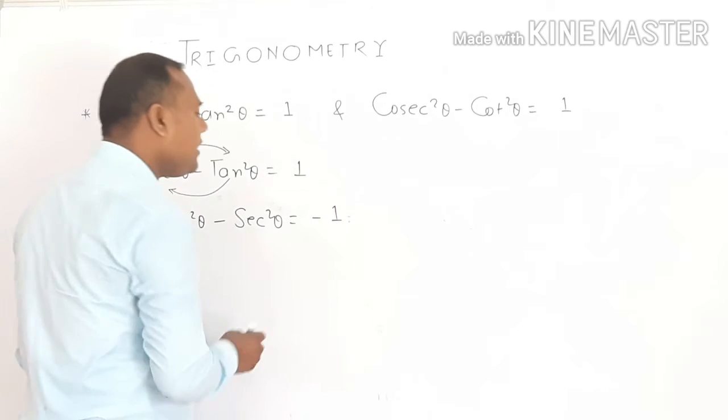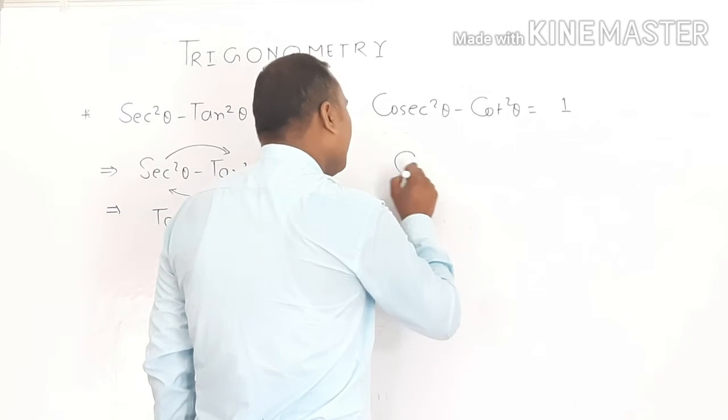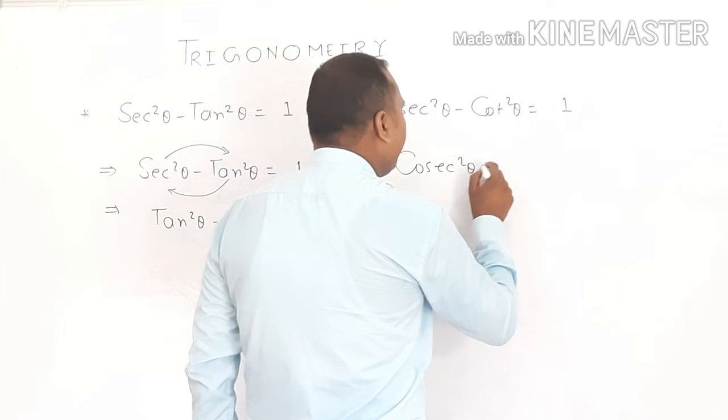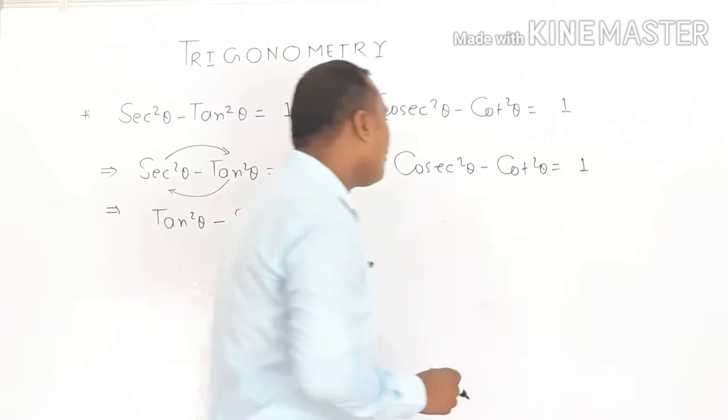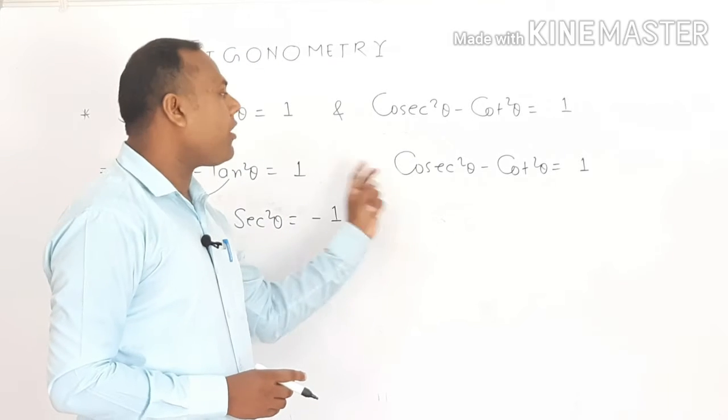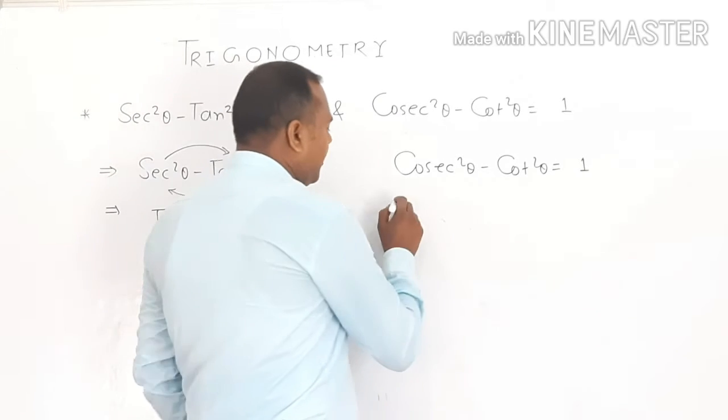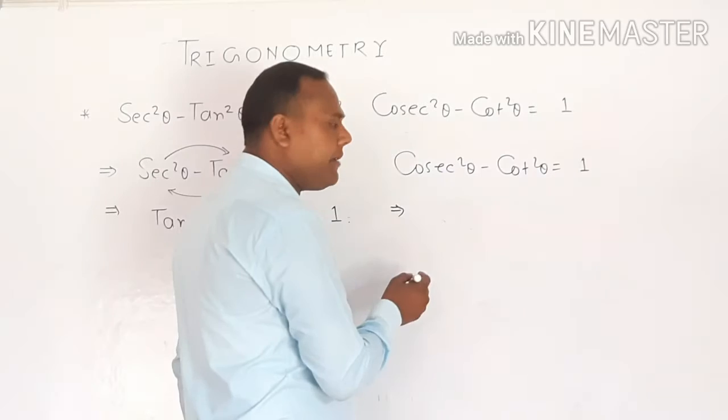The other one is cosec square of theta minus cot square of theta will be equal to 1. We have already studied that. So we can manipulate here with a negative sign. How?